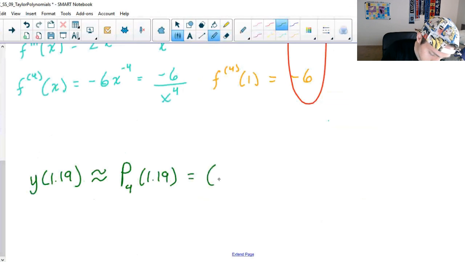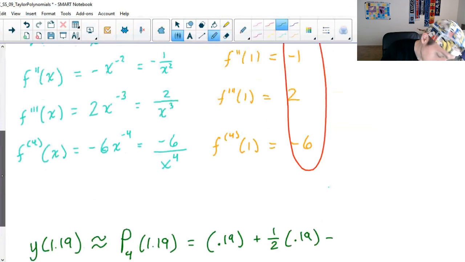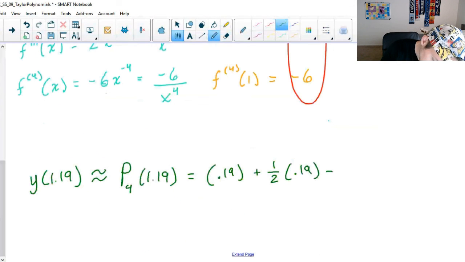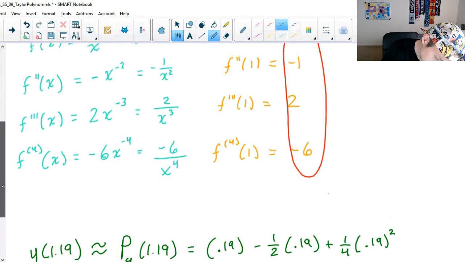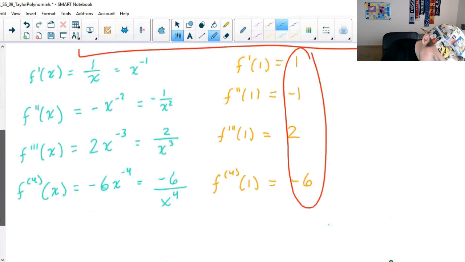So that's x minus 1, so 1.19 minus 1 is 0.19, plus, or minus 1/2, sorry, times 0.19 squared. Plus 1/3 times 0.19 cubed.